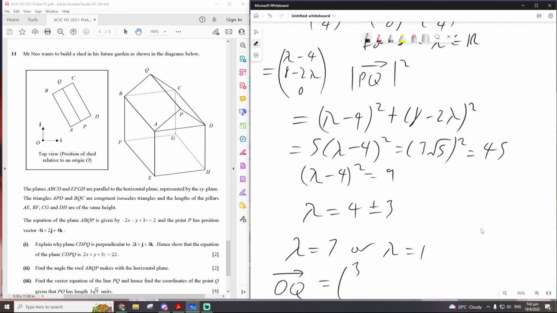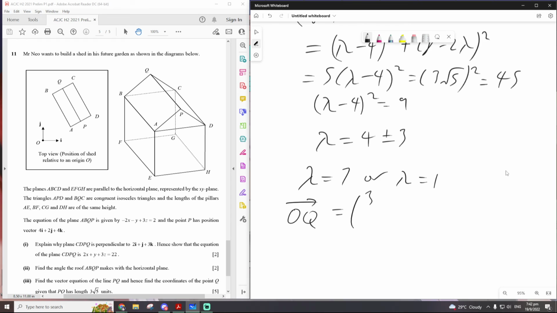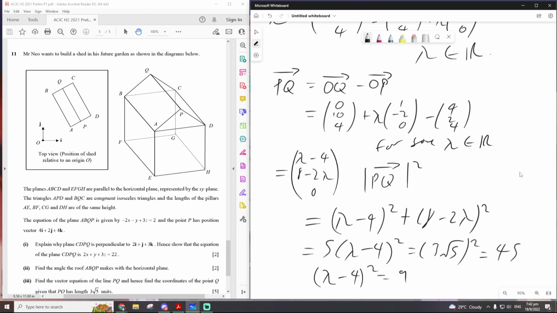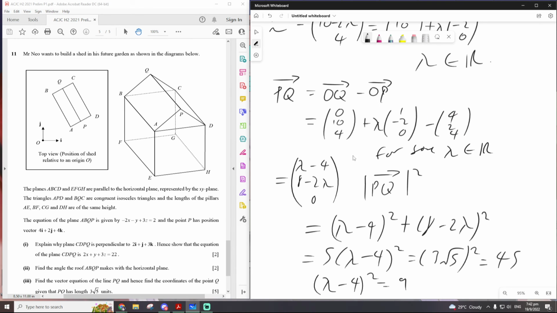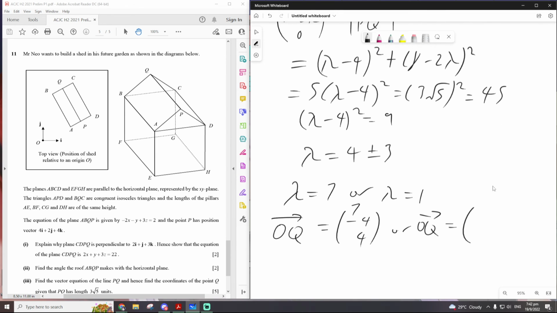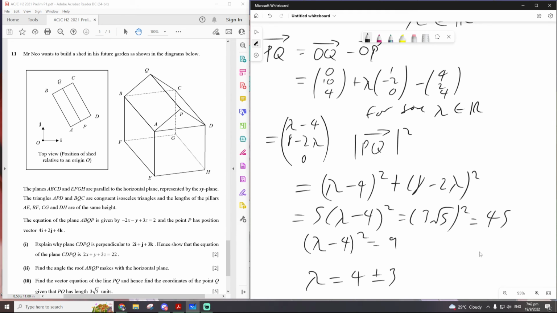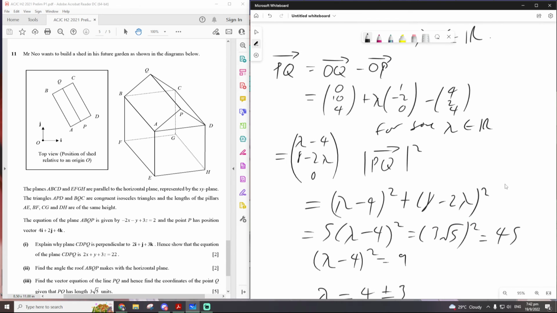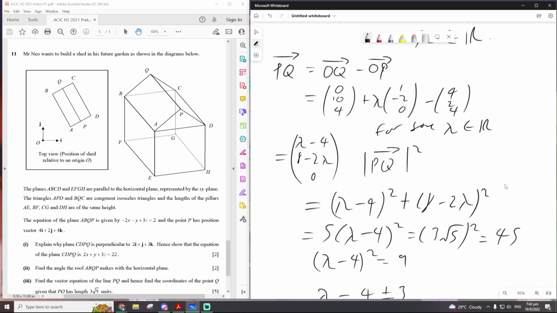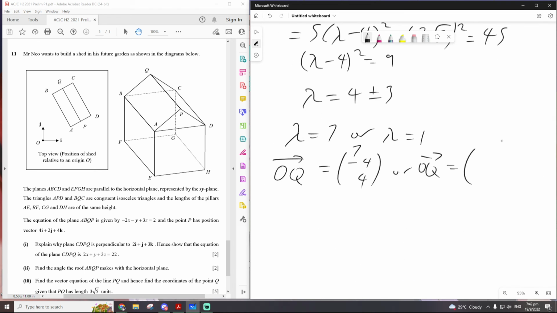So you'll get, with 7, (7, -4, 4). Or OQ equals, you put 1 in, you will get (1, 8, 4), I think. Yeah. Okay.